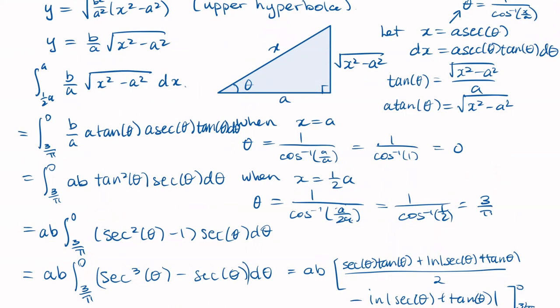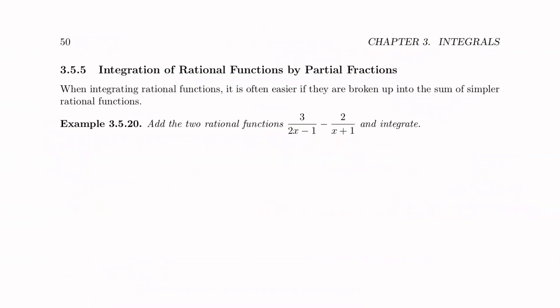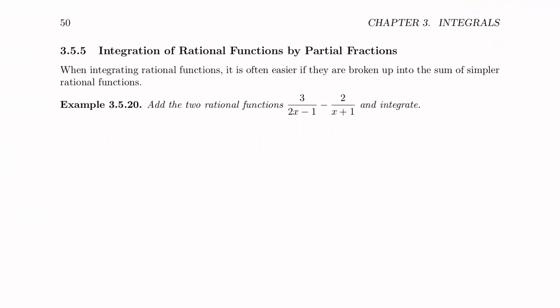Okay, so let's have a look at the next concept. So let's have a look at the concept of integration of rational functions by partial fractions. So when we're integrating rational functions, it is often easier if they're broken up into the sum of simpler rational functions. So if we add these two rational functions, let's simplify this.